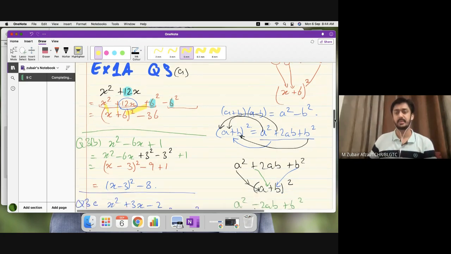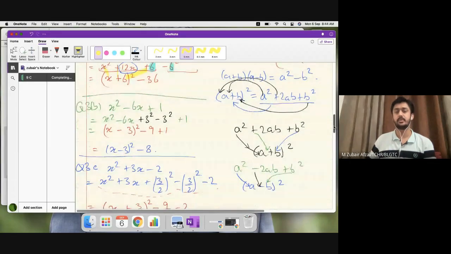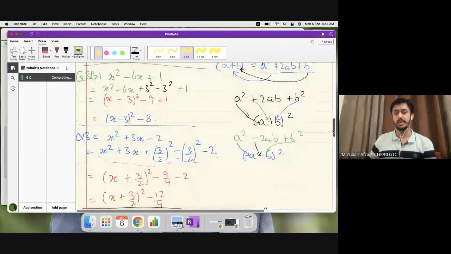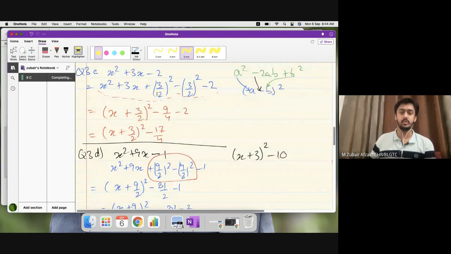I would suggest, if you have this as backup, but first solve it on your own. Every single question is the same. Look at this: x squared copied, negative sign copied, positive 3 copied. Where is this 3 coming from? Half of 6. Where is this 3 by 2 coming from? Half of 3.